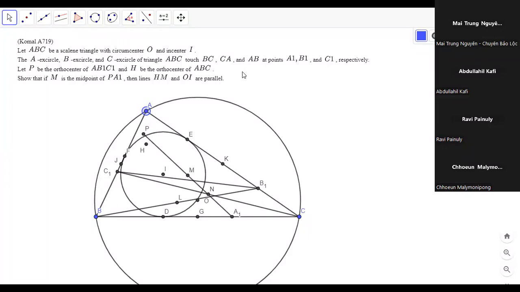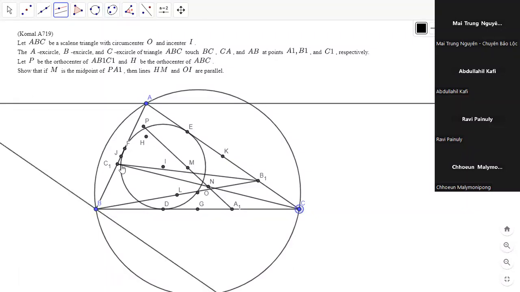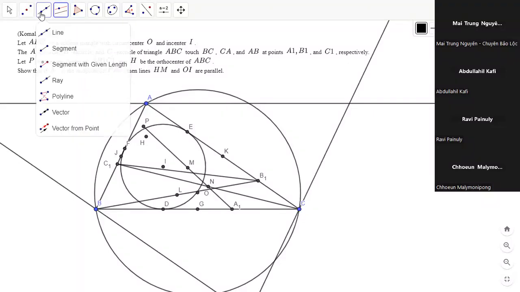Yeah. Oh. So are you saying it's the incenter of this triangle? I didn't know that.